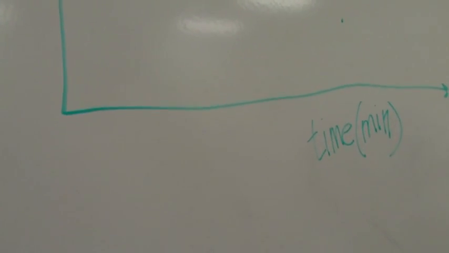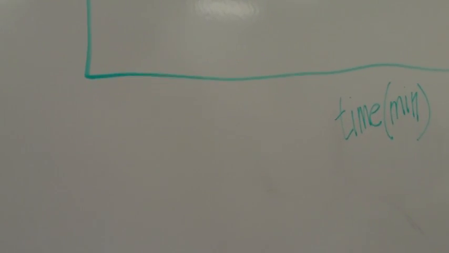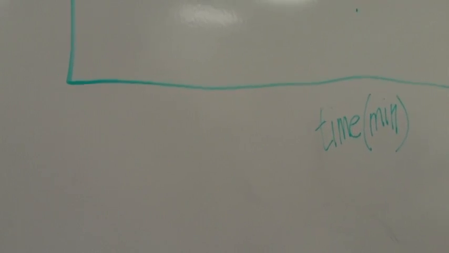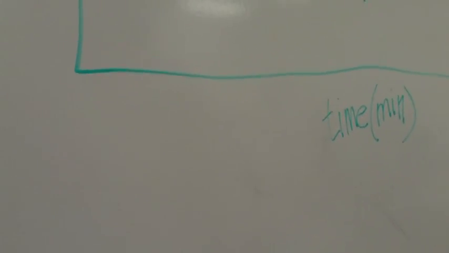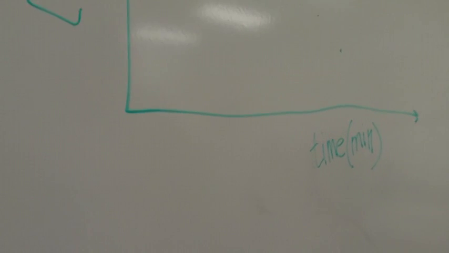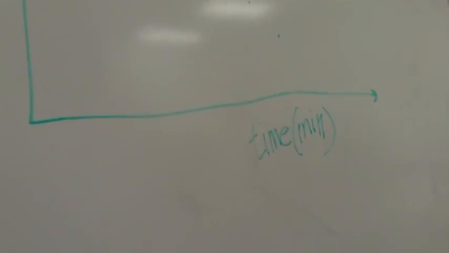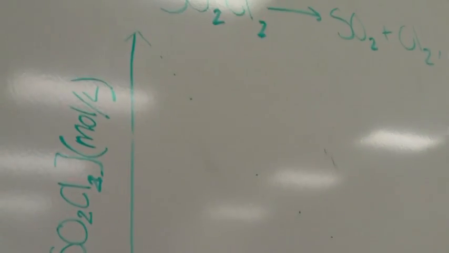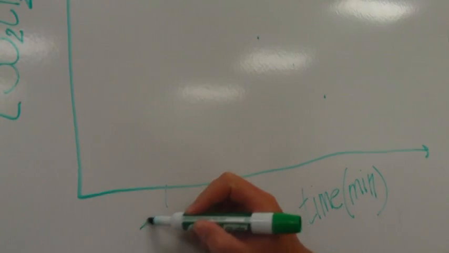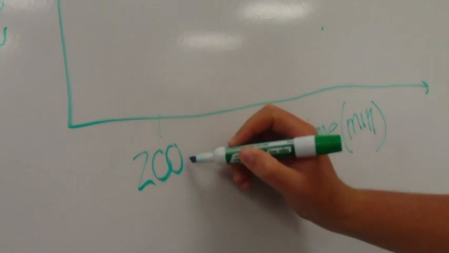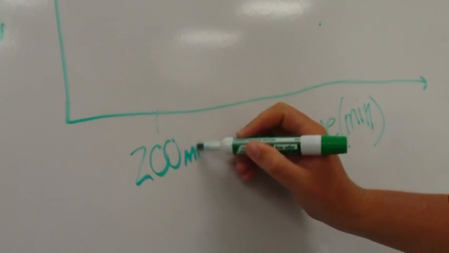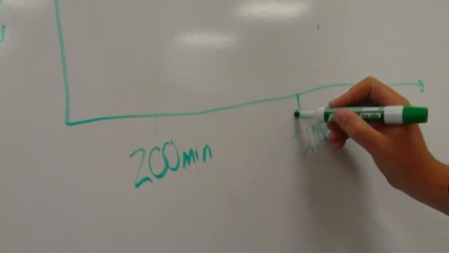And so they want to know the instantaneous rate of formation of CO2 using the tangent line at the curve at t equals 200 minutes and t equals 600 minutes. And so basically we'll just pretend here this is just a model, 200 minutes and 600 minutes.